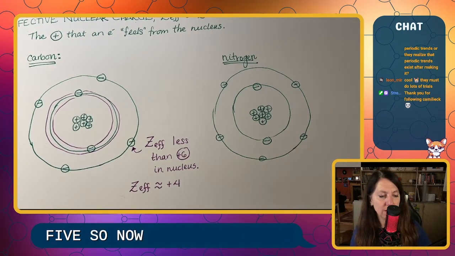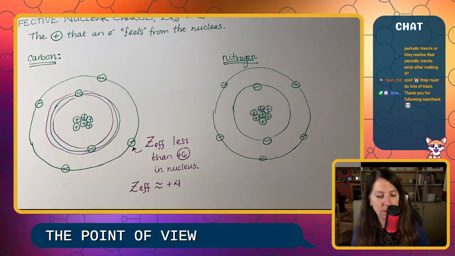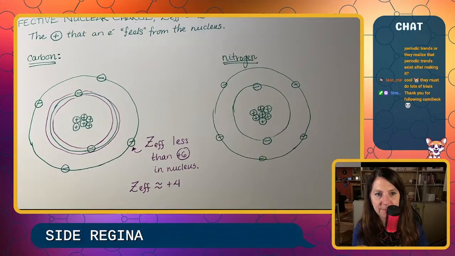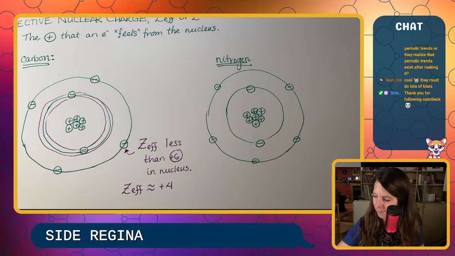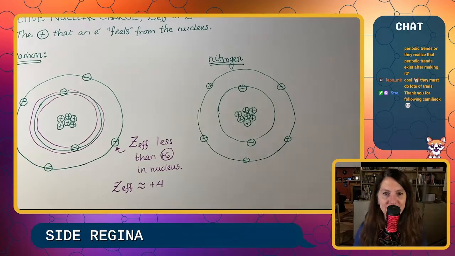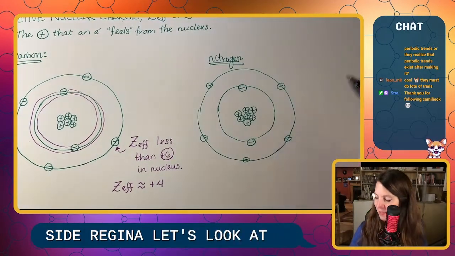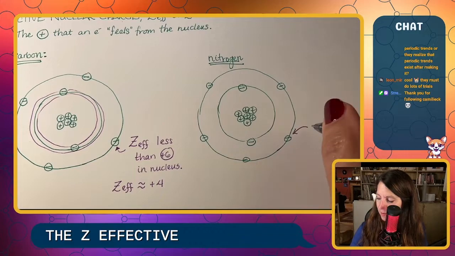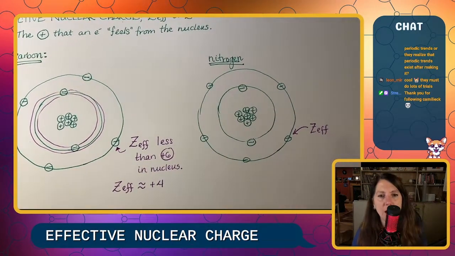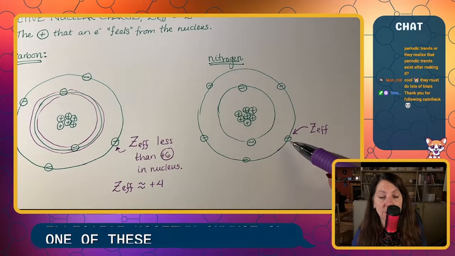So now let's look at the point of view of this nitrogen. Let's look at the Z effective, or effective nuclear charge, of one of these outer electrons for nitrogen.